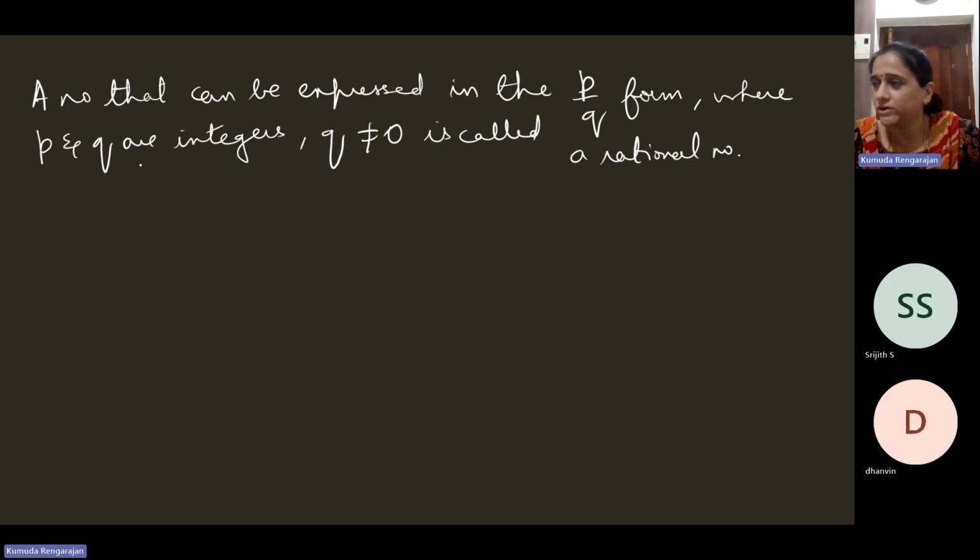So this P and Q you were talking about earlier, right, Navneet? This is small letter P and small letter Q. This is P by Q form. And rational numbers are represented by the capital letter Q. They're two different things. I understood your confusion.